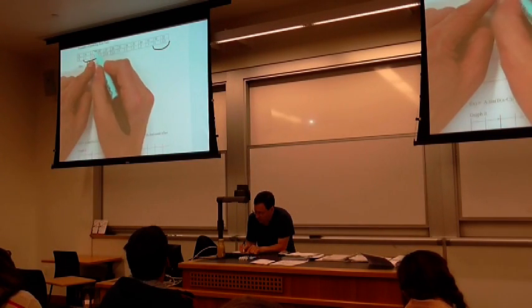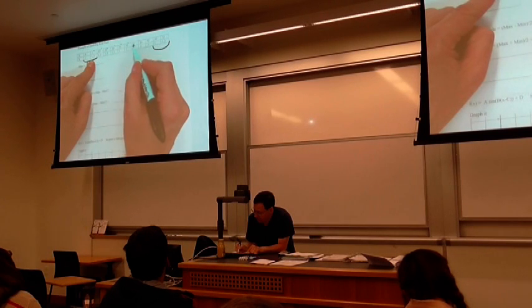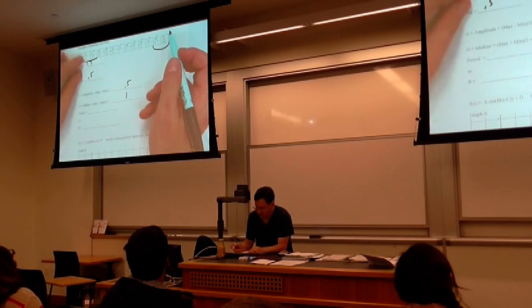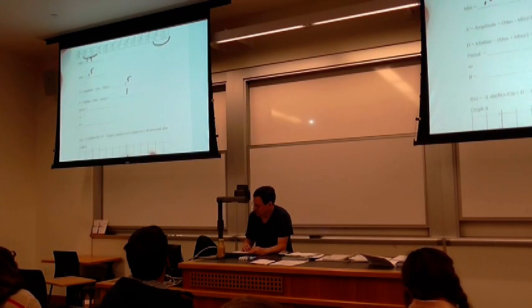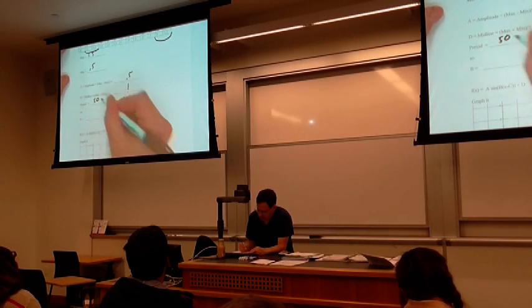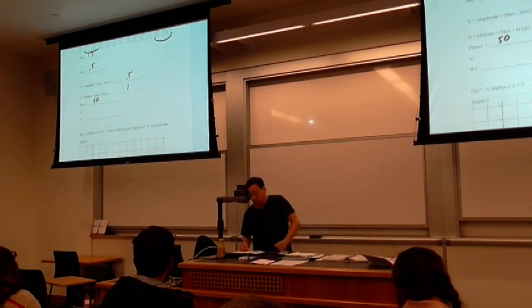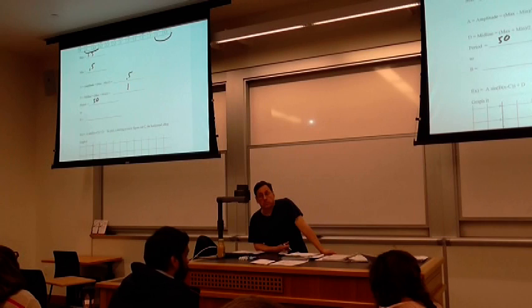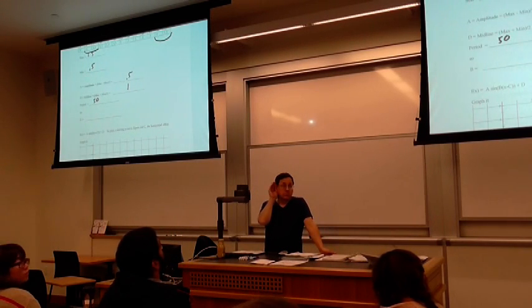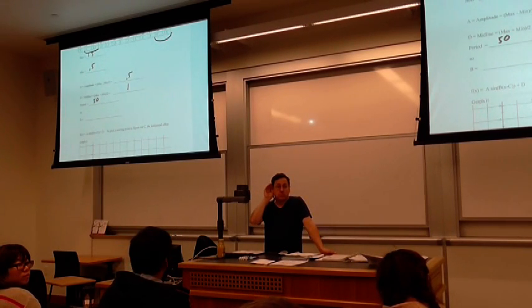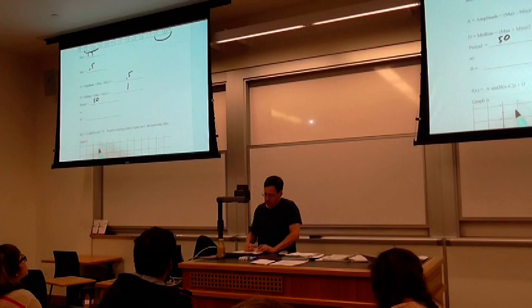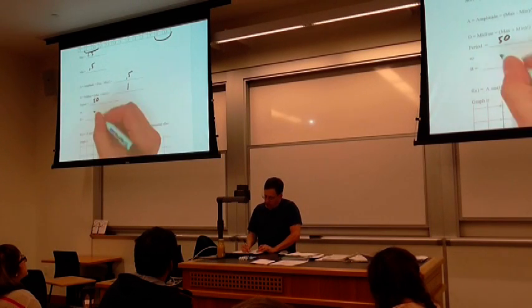So what is that? 1, 2, 3, 4, 5, 6, 7, 8, 9, 10. But it's not 10, it's 10 times 5 or 50. Wait, why is it 50? Because it's going 50 from 0 to 50. Okay. So now, what did we decide our b is? Our b has to be 2 pi over 50.